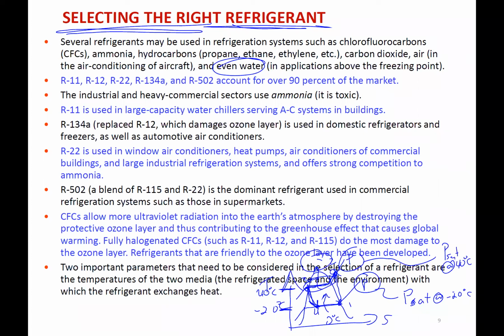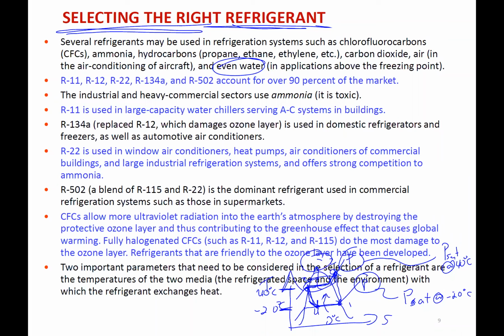So we kind of got your temperatures there. We get a rough idea of what our temperatures need to be, and there's a pressure that goes along with it. Well, we don't really want that saturation pressure to be like 10 megapascals, right? If it's 10 megapascals, that PSAT at either of those, that's a very high pressure. We would need some very thick tubing to deal with that, and a very high designed thick material for the compressor.